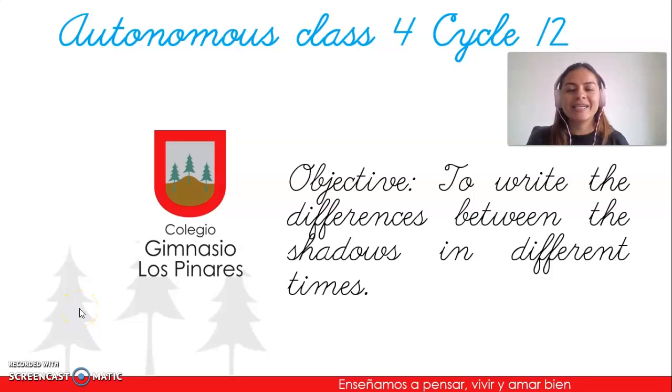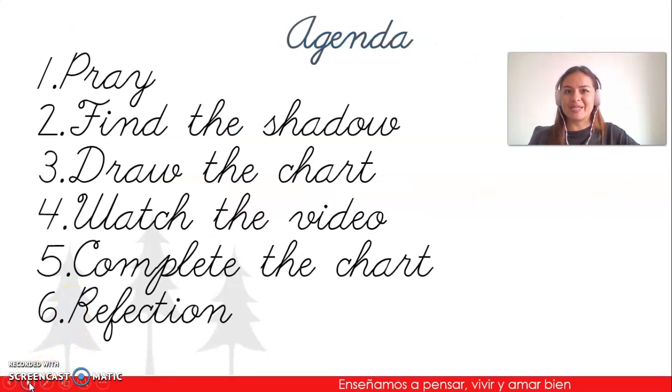Hi girls! In this video, I'm going to explain to you Autonomous Class 4 from Cycle 12. The objective of this class is to write the differences between the shadows at different times. So it is an experiment that you're going to watch.